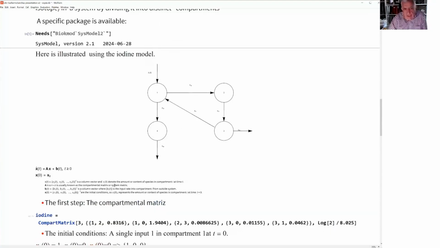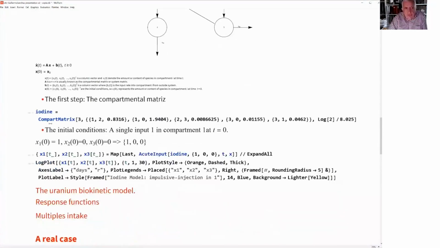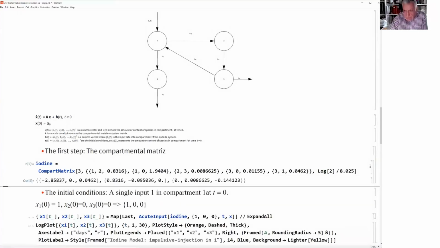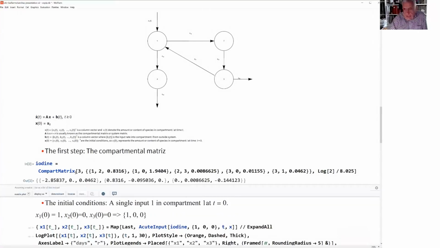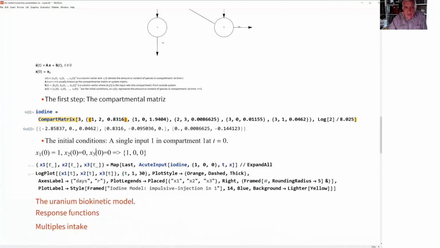Fortunately, the package solves the problem. The first step is to build the compartmental matrix. It can be used easily. This is the flow from compartment 1 to compartment 2, and this is the transfer coefficient, and so on. Also, we will need the initial condition.